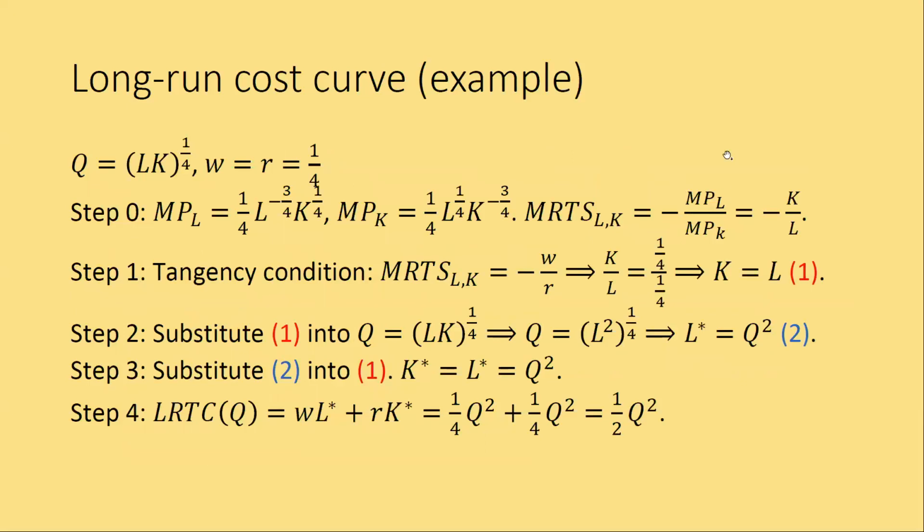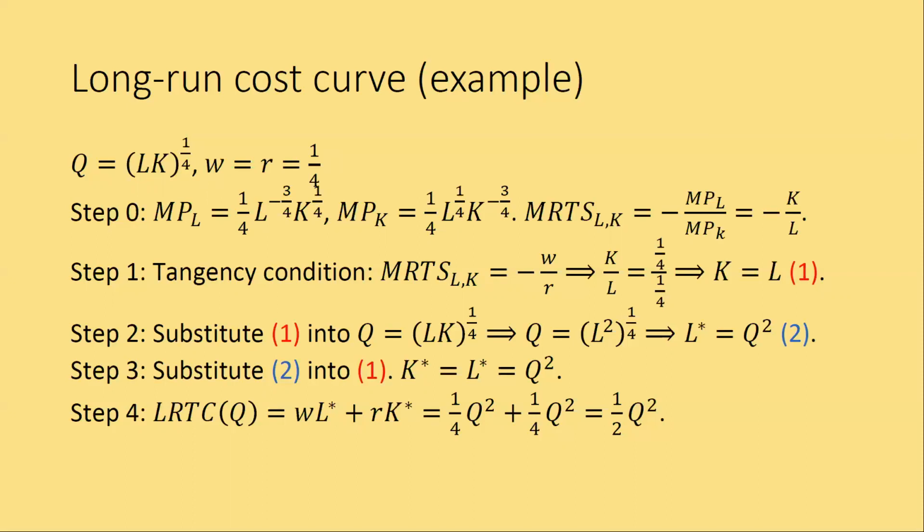So for our example, I'm going to go through this process again. We've already done this a few times. So given the production function and the wage rate and the capital rent, we can first calculate the marginal products of labor and the marginal products of capital by taking the partial derivatives. We can then calculate the marginal rate of technical substitution, and that is negative K divided by L. And because this is a Cobb-Douglas production function, we can use the tangency condition.